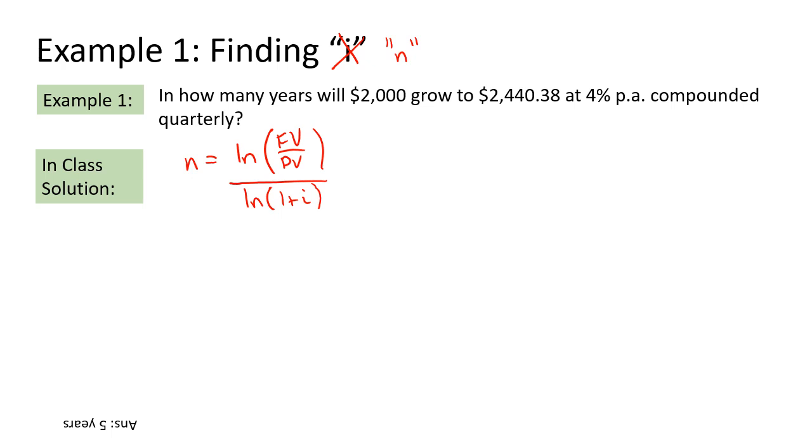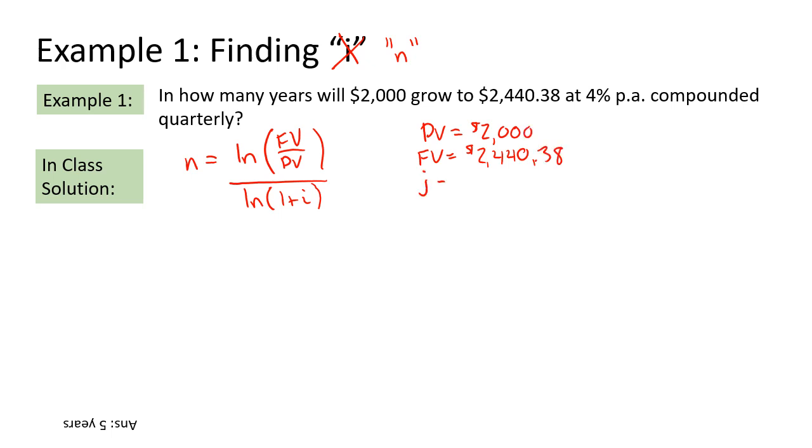So there are 3 terms that we need to know in this expression: the future value, the present value, and the periodic interest rate. So I'm going to start by writing our present value, because it's in the question, of $2,000. Our future value is $2,440 and 38 cents.